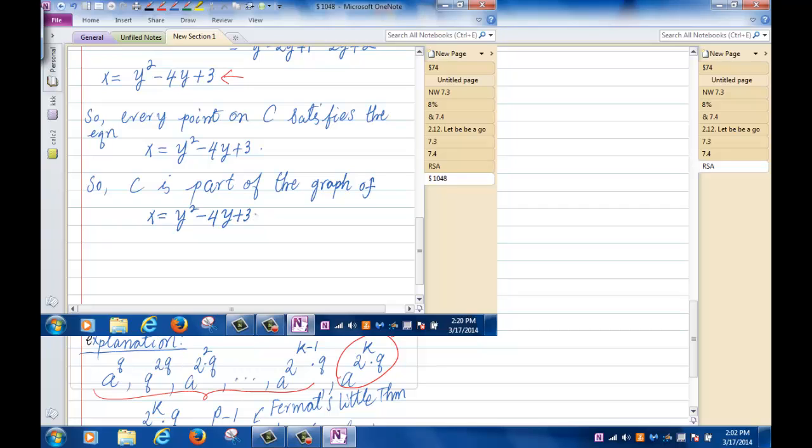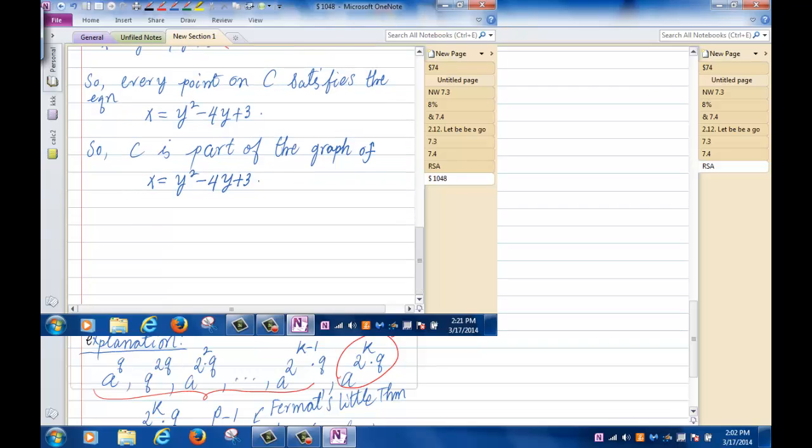Because every point on the curve C satisfies the equation, the point has to be on the graph of the equation, right? So whatever the curve is, it is basically part of that graph. So all I have to do now is come up with the graph of this equation. Anyone know what the graph of this equation is?